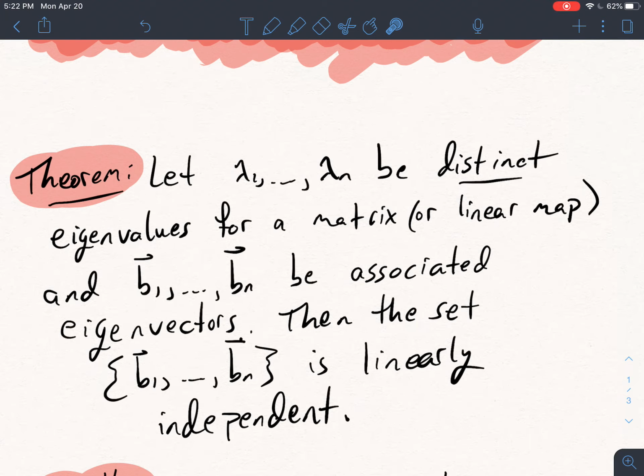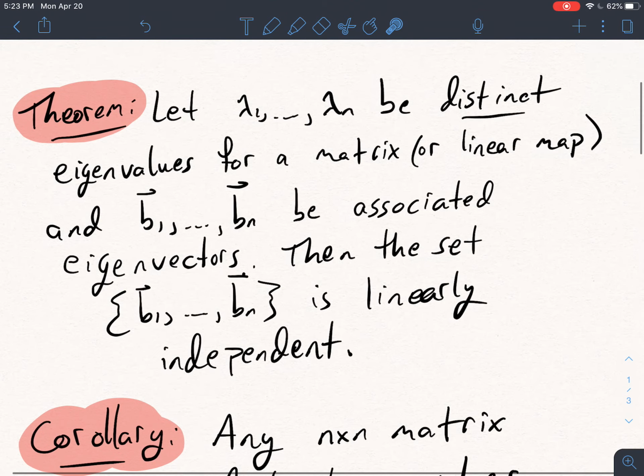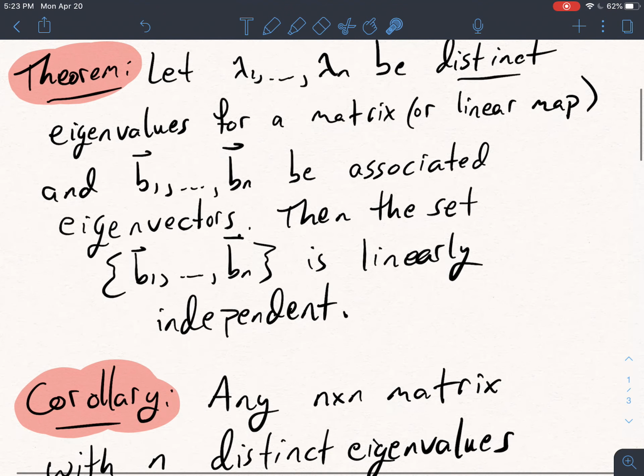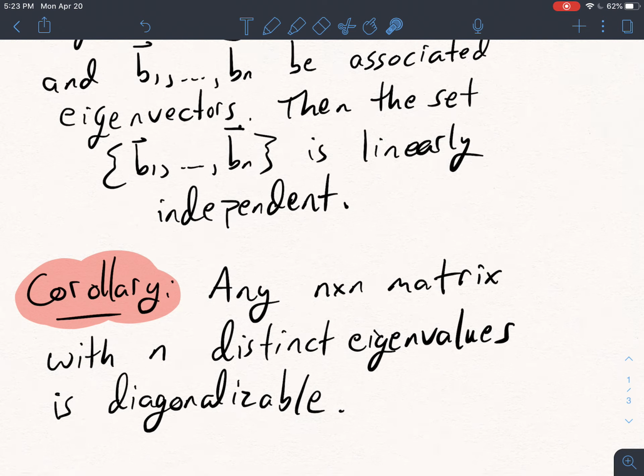The theorem could apply there, but you would only get lambda 1 is 1 and lambda 2 is 2, and so you'd only get two linearly independent eigenvectors there, even if lambda 2 has an eigenspace of dimension 2.